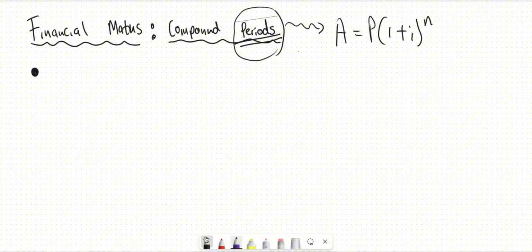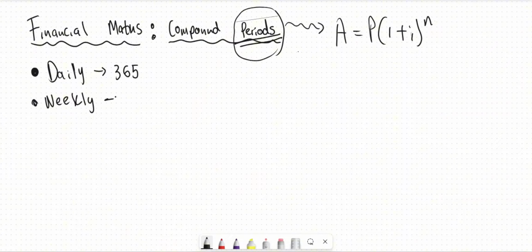If it's daily, this is the rate that you would divide with 365. Then if it's weekly, this is the rate that you would divide with 52. I'll explain it just now. What do I mean by divide? And if it's monthly, this is a common one, it will be 12.